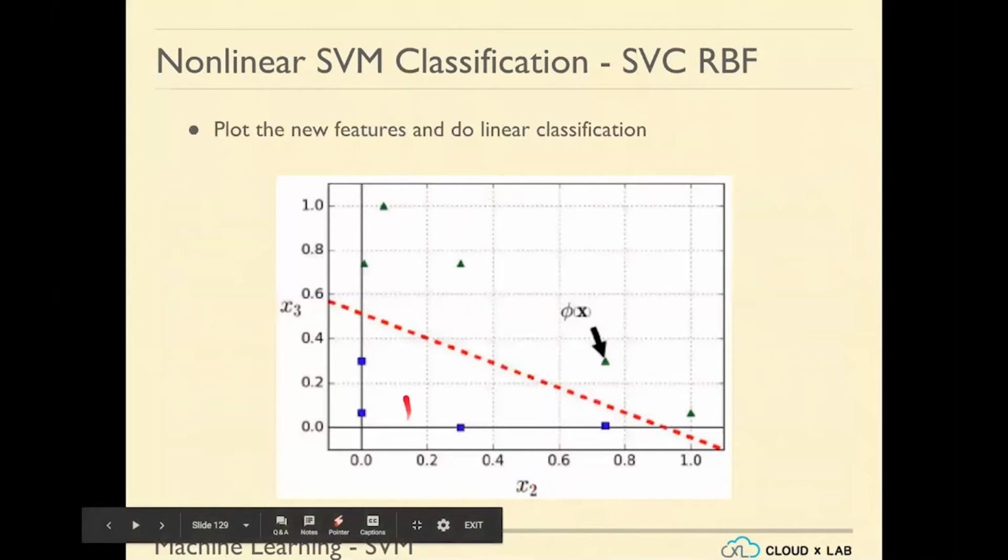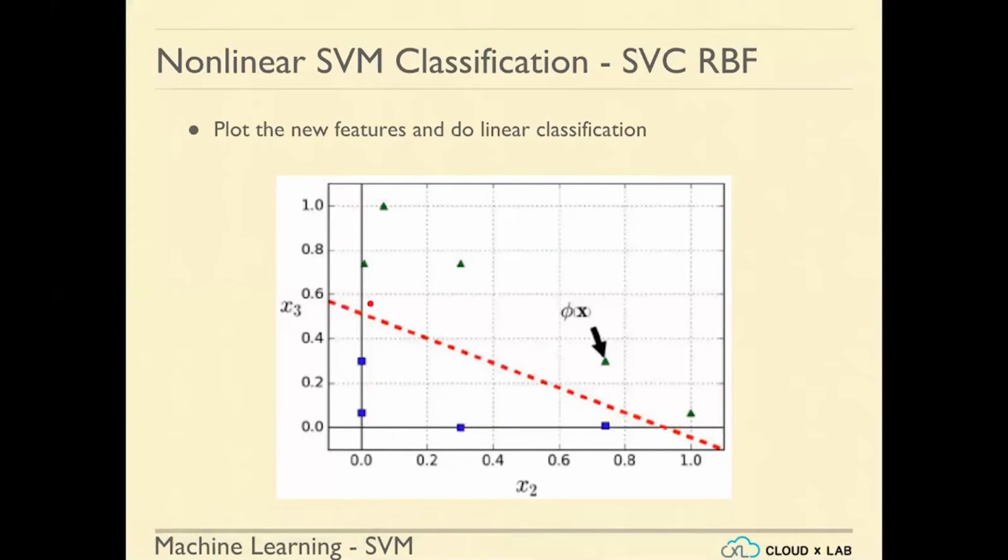If we plot after creating the classification, let's say these were our data points, then after introducing the nonlinear features, things are going to look like that.